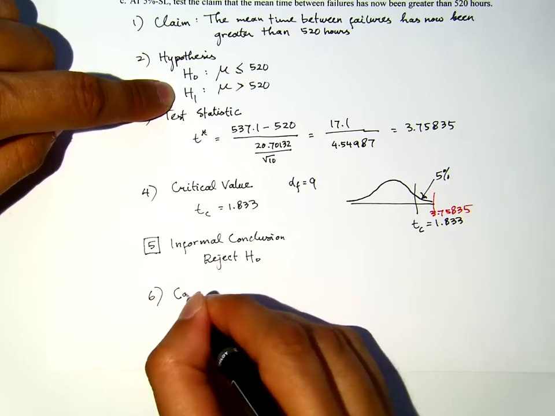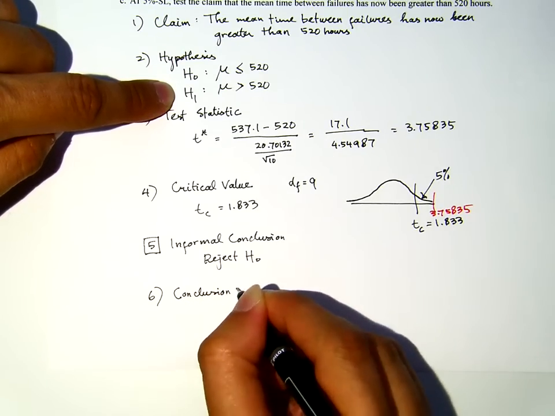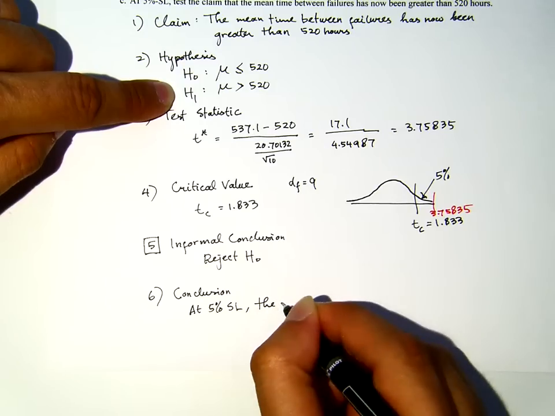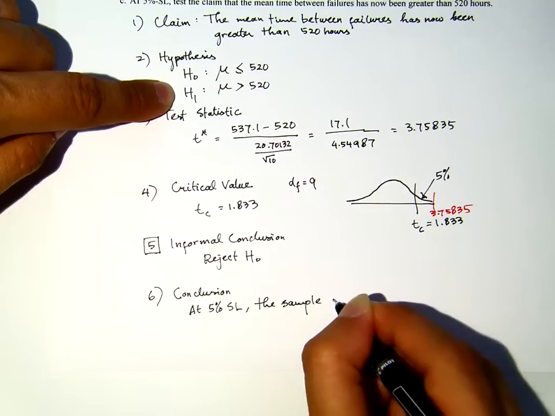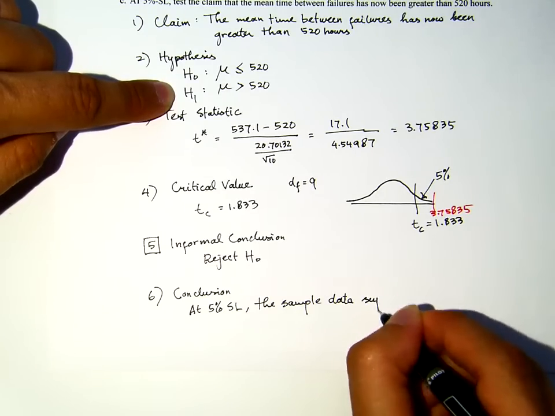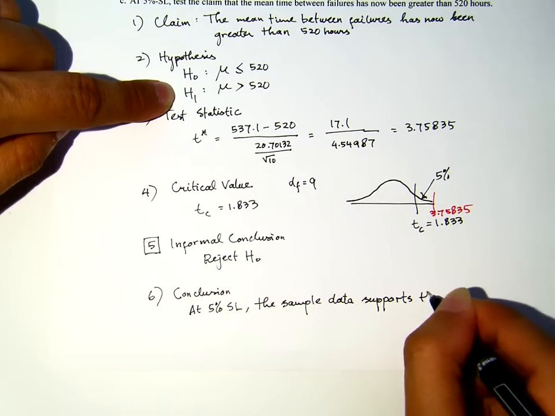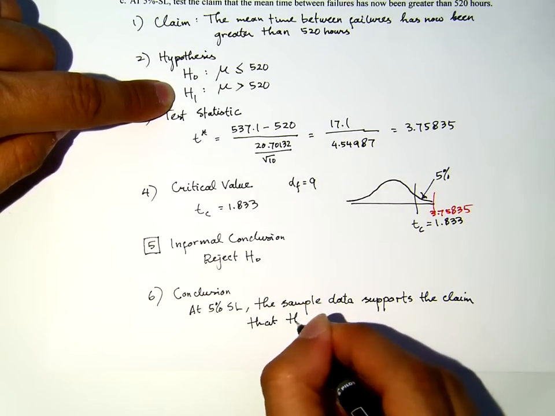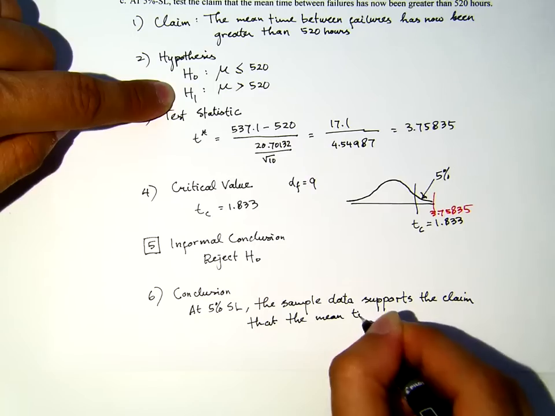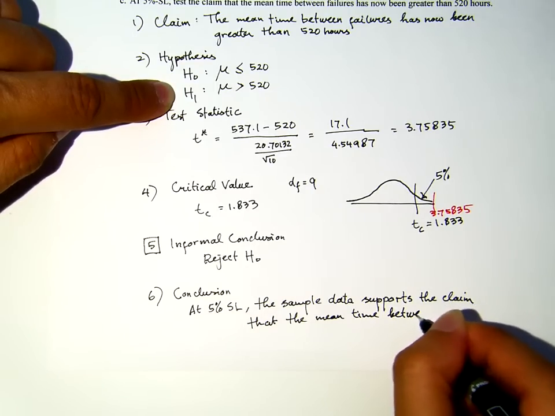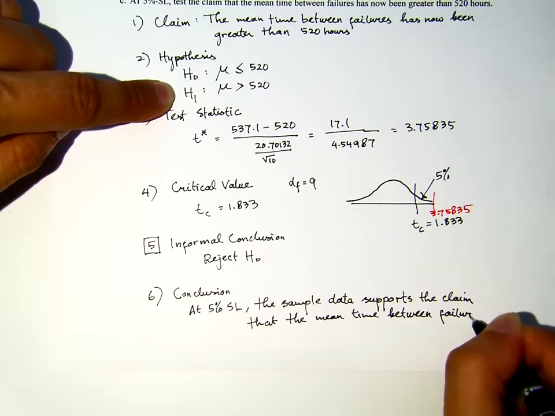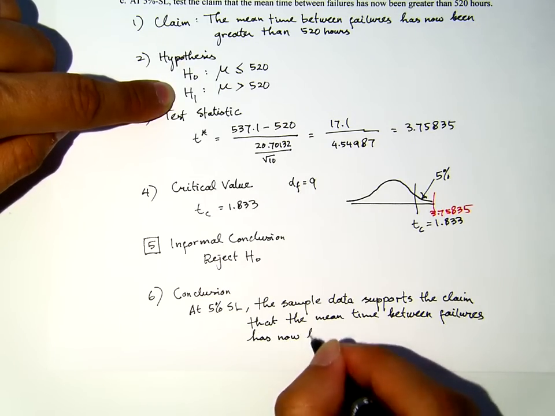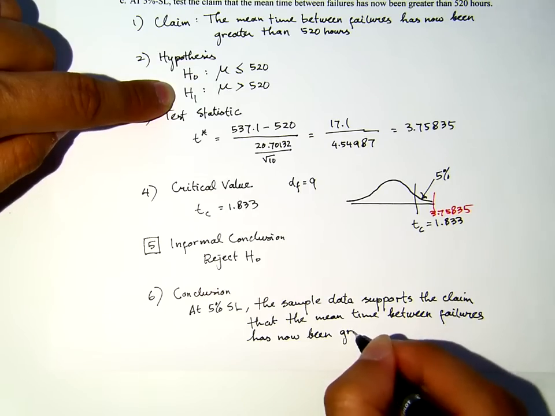So the conclusion will be at 5% significance level, the sample data supports the claim that the mean time between failures has now been greater than 520 hours.